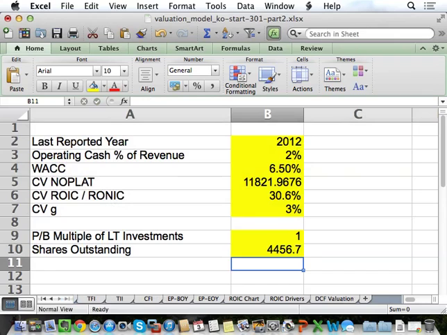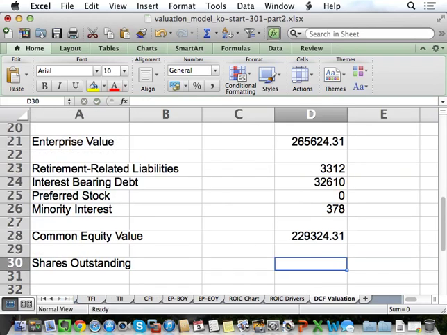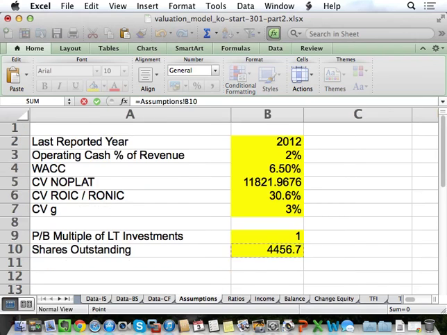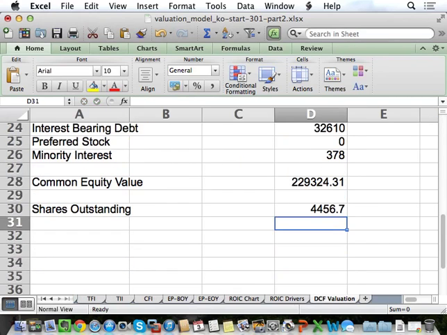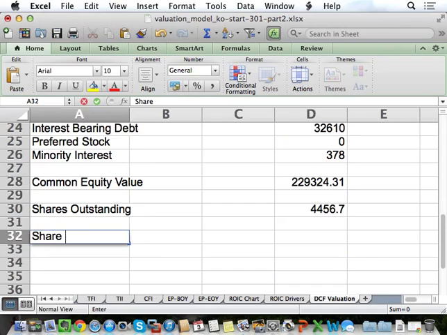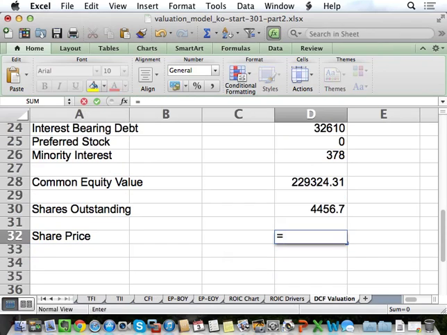So I'm going to go back to my DCF valuation tab, reference that amount of shares outstanding off of the assumptions tab, and then I am going to calculate a forecasted share price equals the equity value divided by shares outstanding, or $51.46.